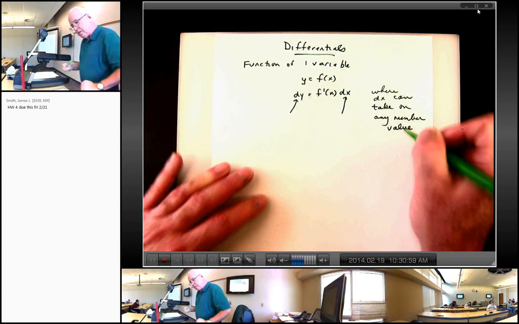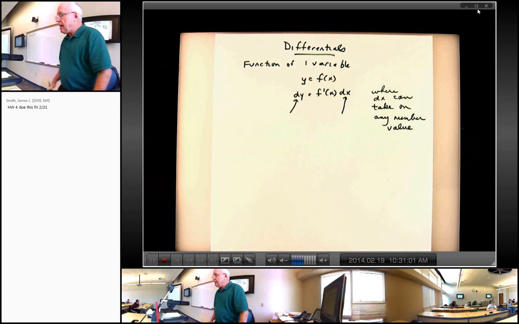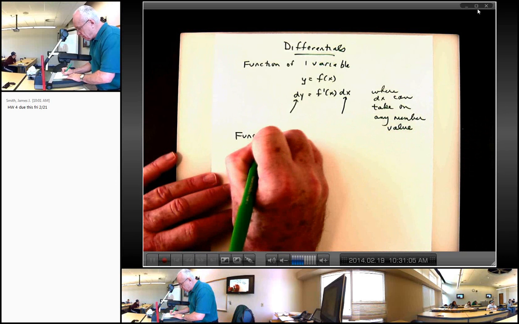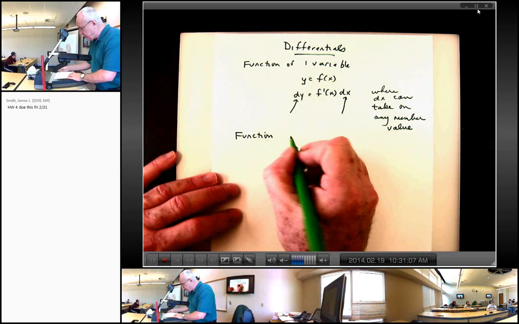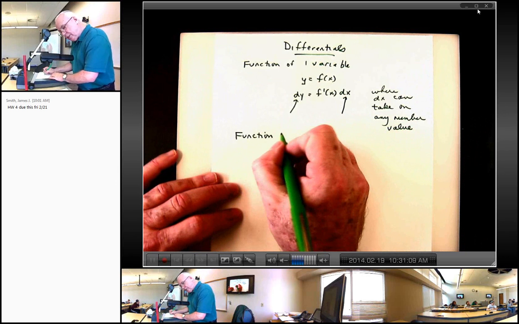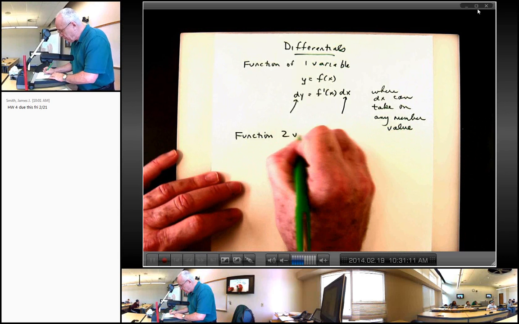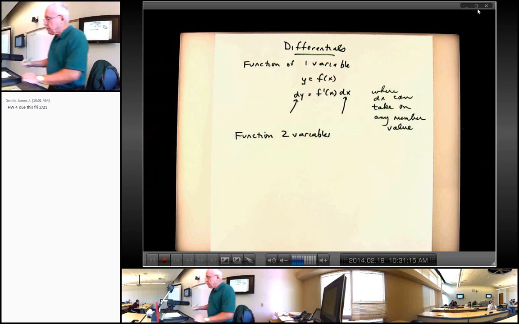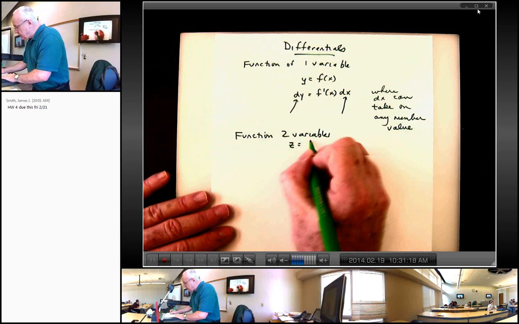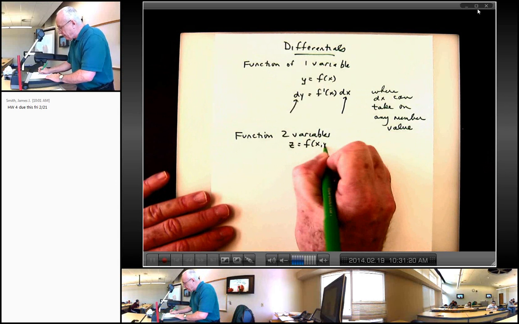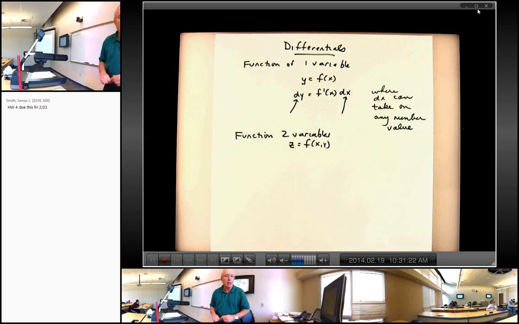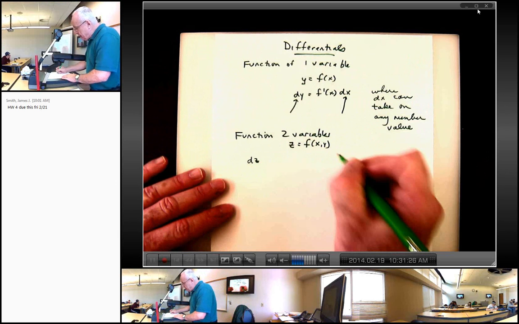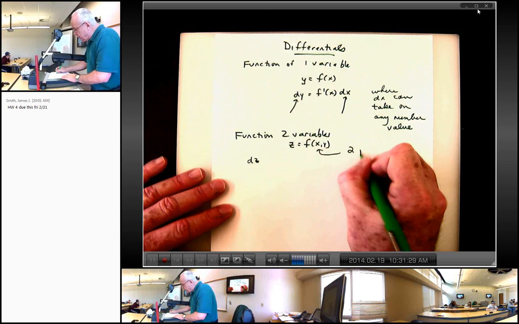All right. Okay. Now let's look at the function of two variables, and we're going to get a very similar kind of equation here. Okay, so this is going to be, say, z equals a function f of x, y. Okay, so now we're going to get dz, but remember, with this thing, we have two partial derivatives.